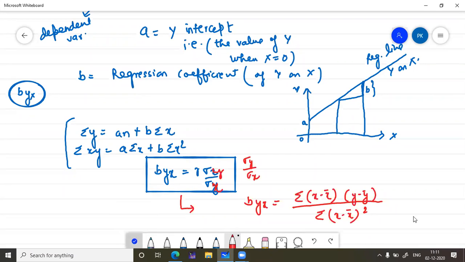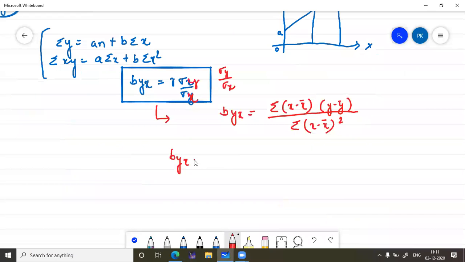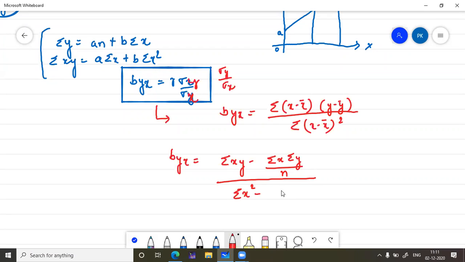And one more thing, after further simplifying, we have obtained the value of byx is equal to summation of xy minus summation of x summation of y divided by n, over summation of x square minus summation of x whole square by n.